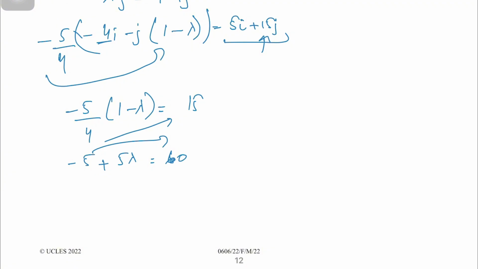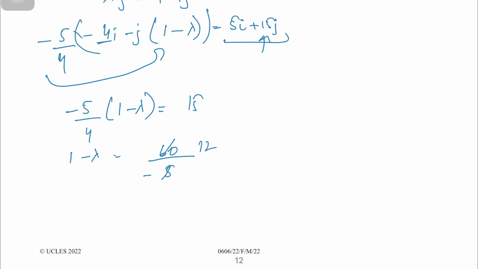So I made some mistake, I guess. So this is 60, then negative 5 is basically divided. 4 is multiplied and negative 5 is divided. So this would be 15 into 4 is 60, and then 5 is divided. This would be 12, 1 minus lambda, and then we get our answer finally.